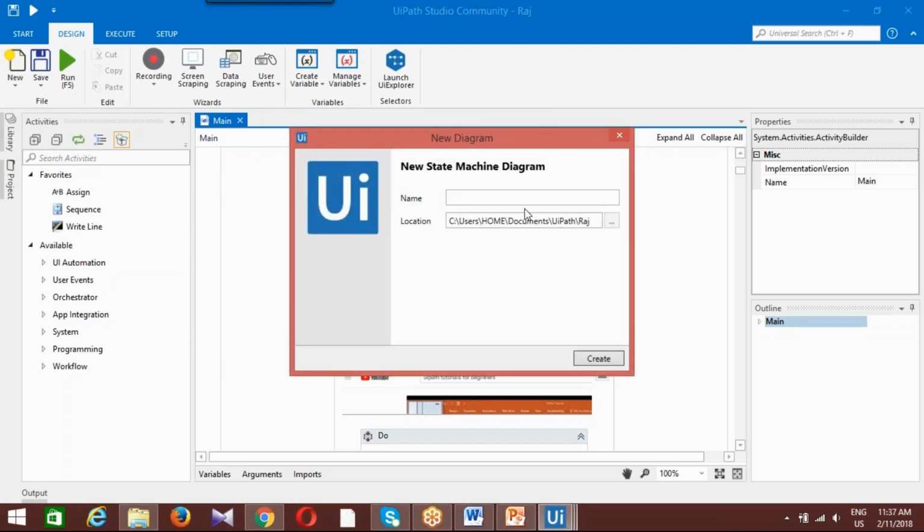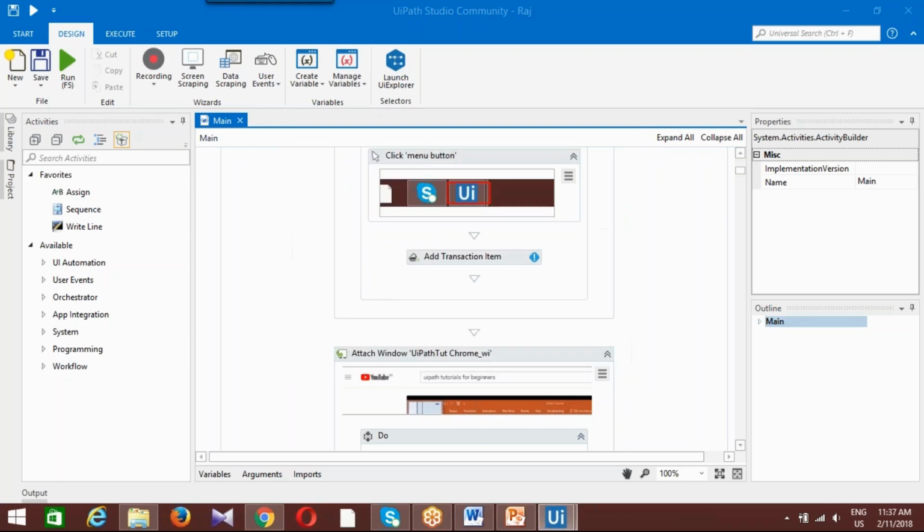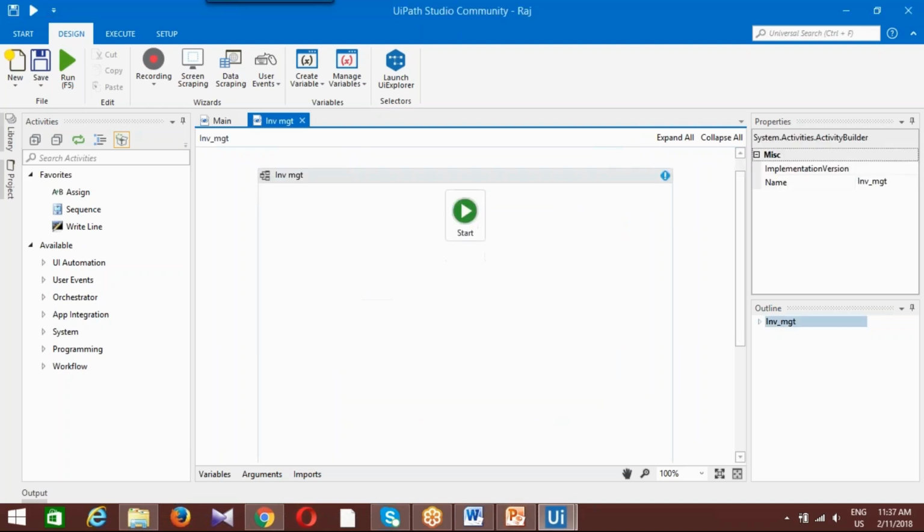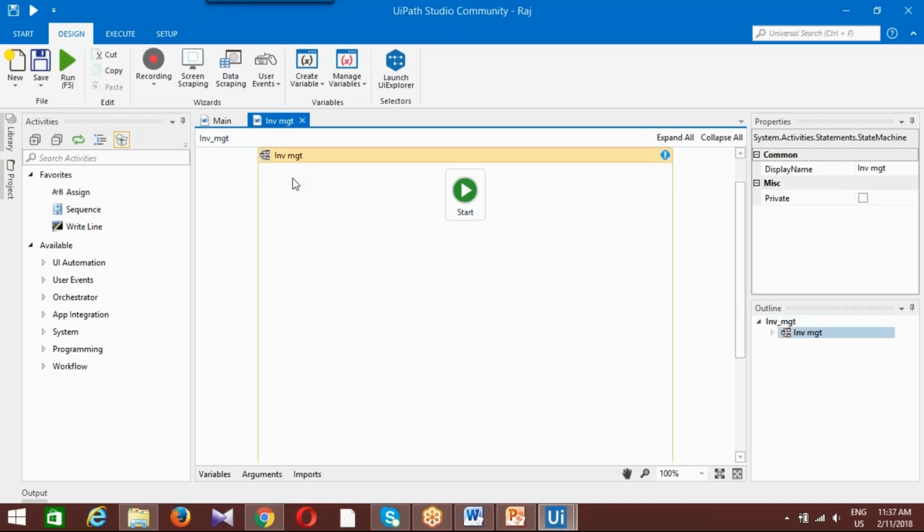Let's assume a state machine diagram, and let us keep in mind inventory management. Let's have a simple understanding: you can create a state machine diagram using this for inventory management, assuming inventory management is the application I am working on.